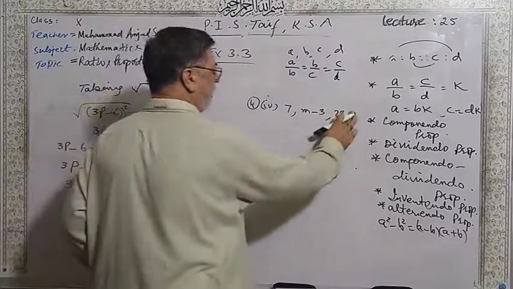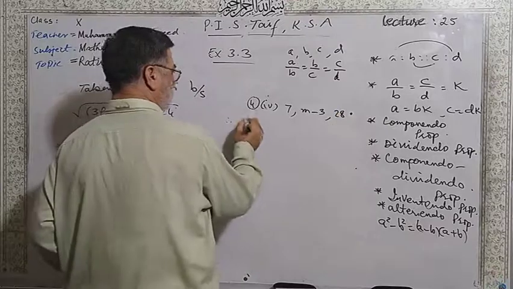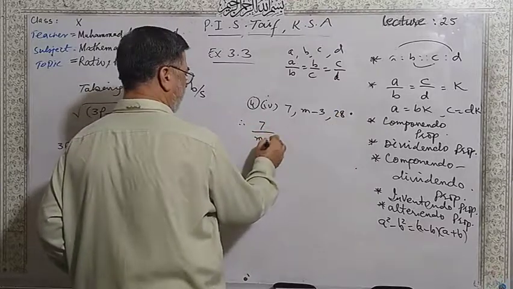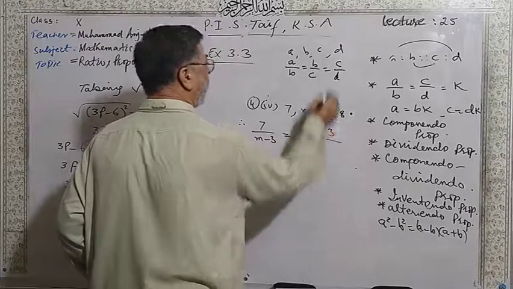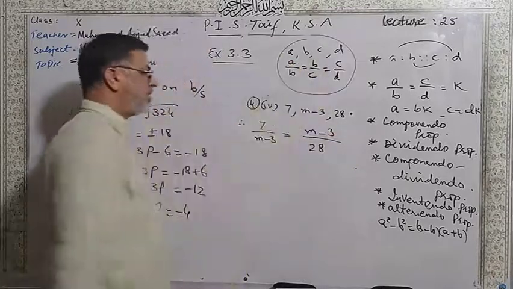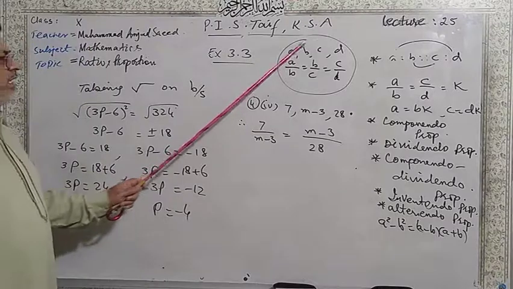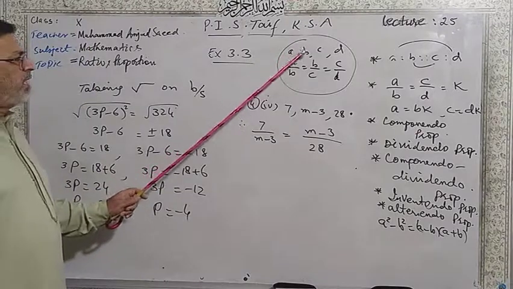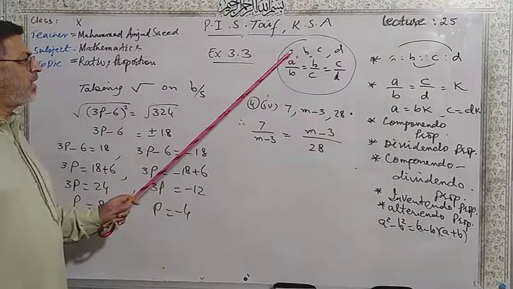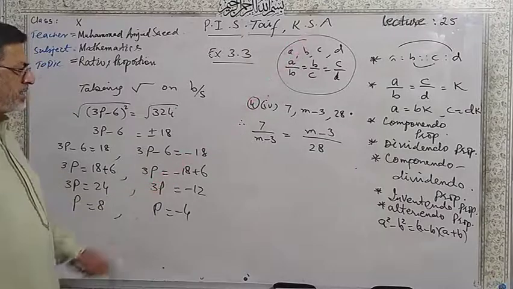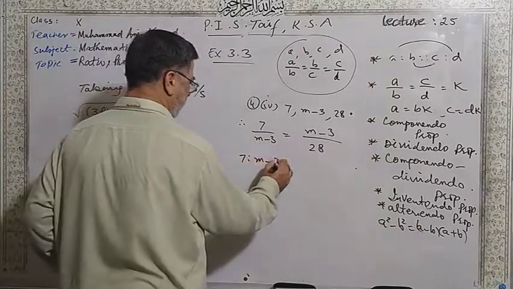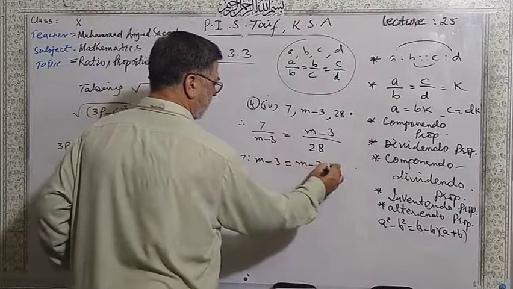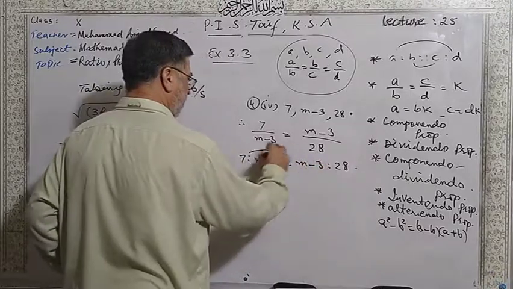As they are in continued proportion, therefore 7 over m minus 3 is equal to m minus 3 over 28, because of this fact. This is the reason. If they are in continued proportion, every number after the first will be repeated. So 7 ratio m minus 3 is equal to m minus 3 ratio 28.